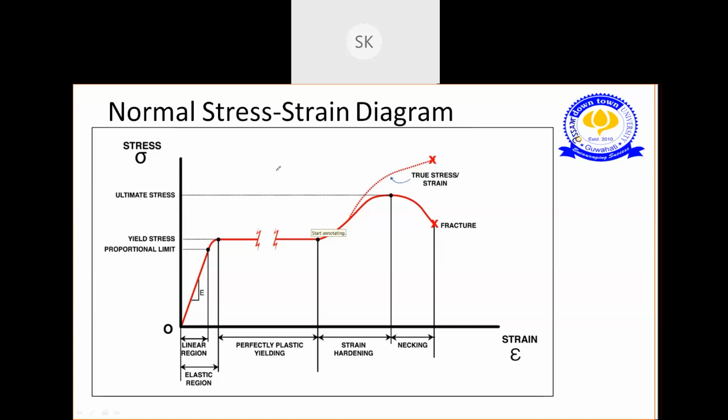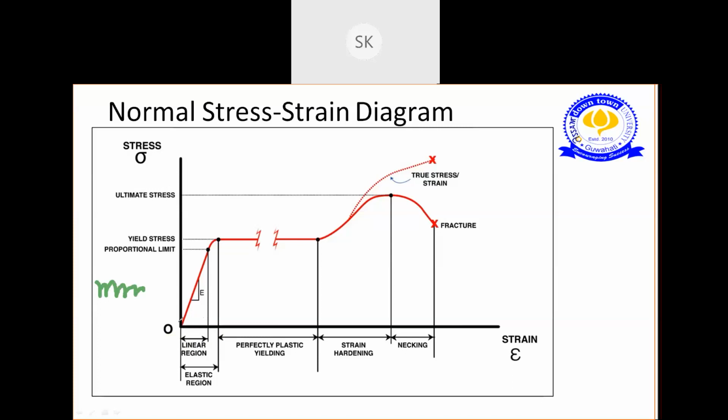So let's start. In the x-axis you will have your strain, and in the y-axis you will have your stress. We'll start with zero stress and strain. This is my zero point. Suppose I'm taking a very tight spring.